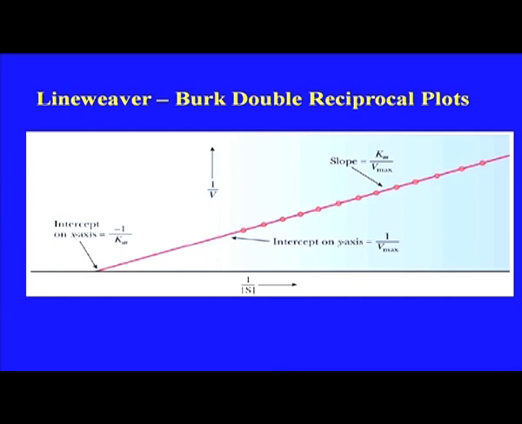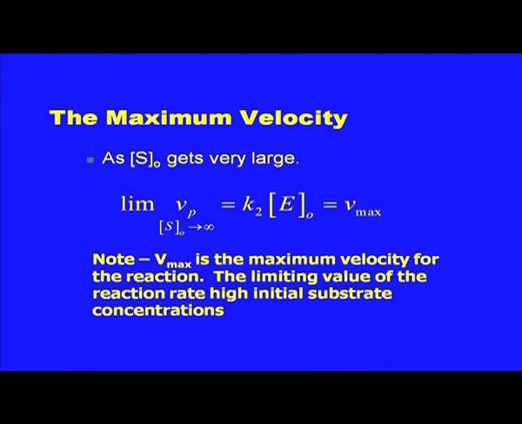Okay. So, it is a really nice way of dealing with enzyme substrate reaction kinetic data. Okay. And you have to remember that Vmax is nothing but the maximum velocity. When substrate concentration is very high, then your expression is simplified and the corresponding velocity is your Vmax.